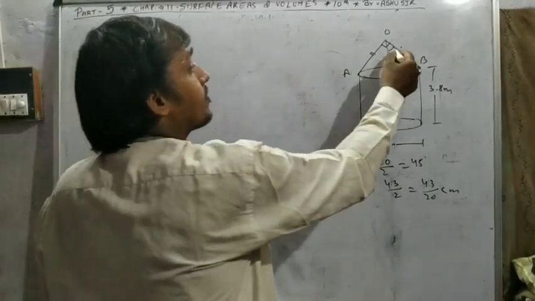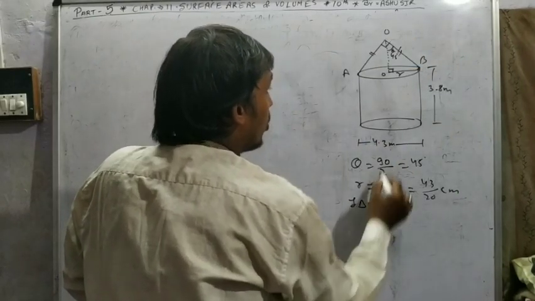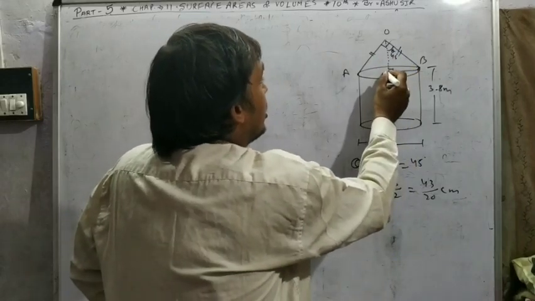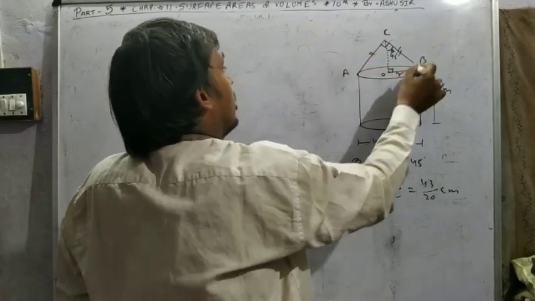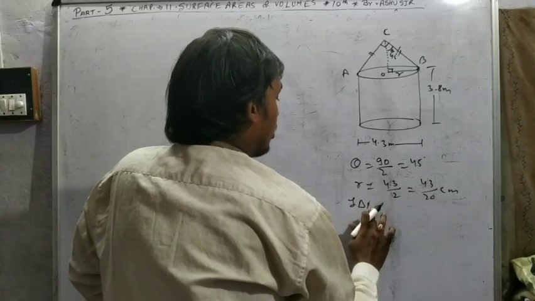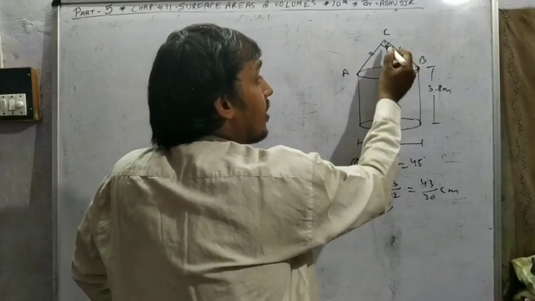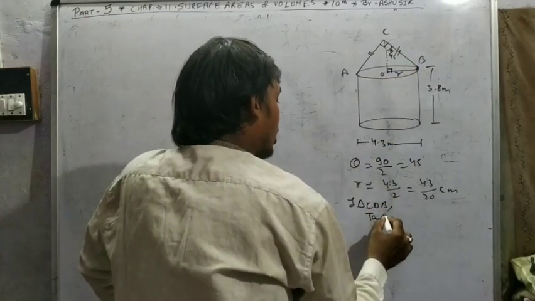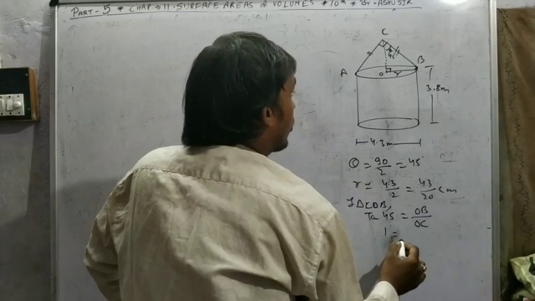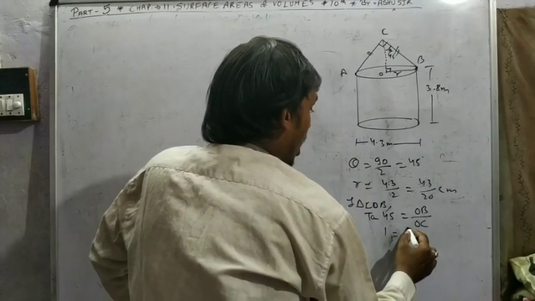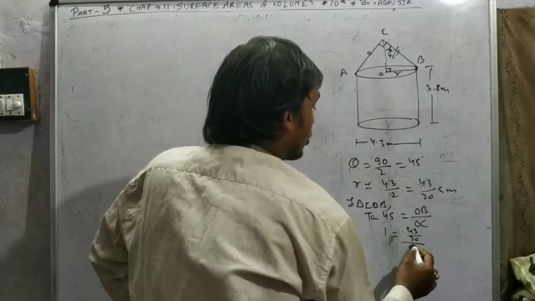So we have to use this triangle, triangle COB, using perpendicular given, base we want to find, tan 45 is OB upon OC. 1 is equal to OB, what is the value of r? 43 by 20 upon OC.